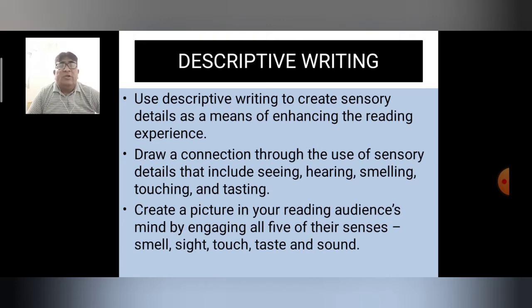Next point is to draw a connection through the use of sensory details that include seeing, hearing, smelling, touching, and even tasting. So these connections are very important to write a particular paragraph for a place, thing, etc. We have to create a picture in our reading audience's mind by engaging all 5 of their senses: smell, sight, touch, taste and sound.